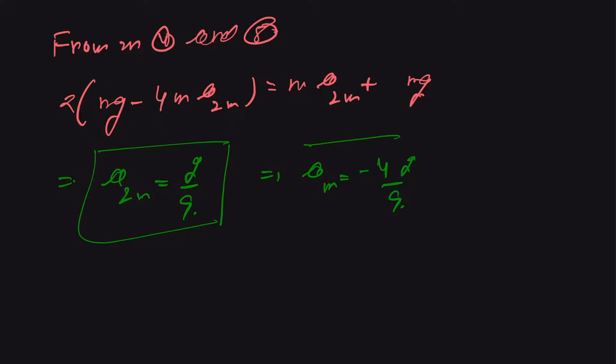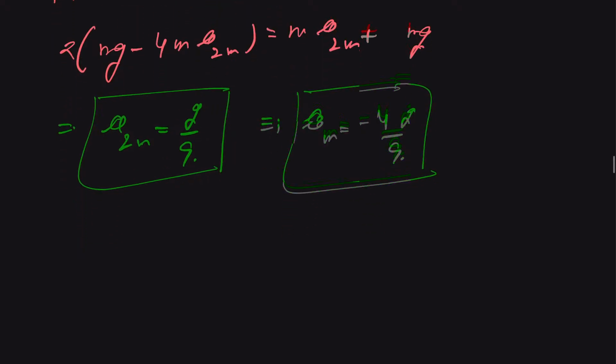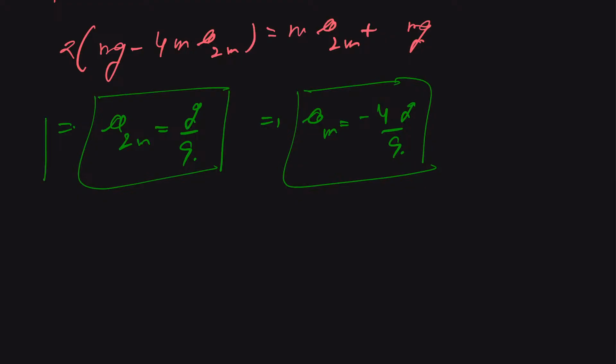So here a of 2m will be moving in the upward direction, and a of m will be moving in the downward direction because the sign is negative. So these two are the accelerations of the respective masses.